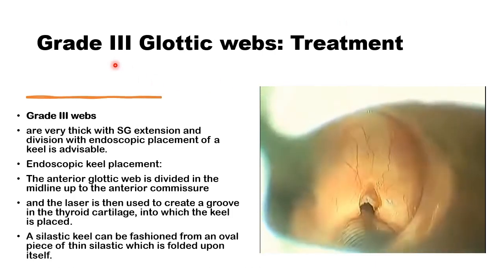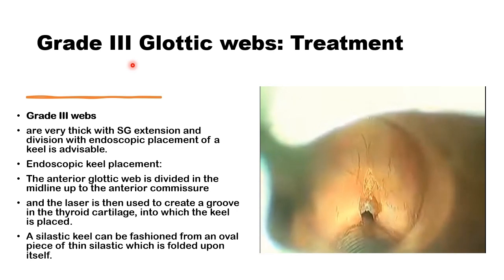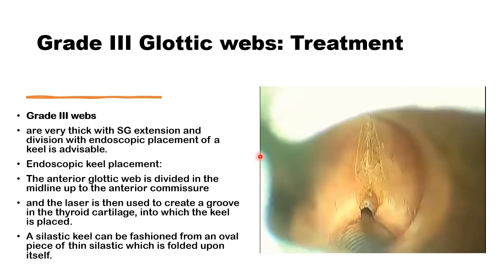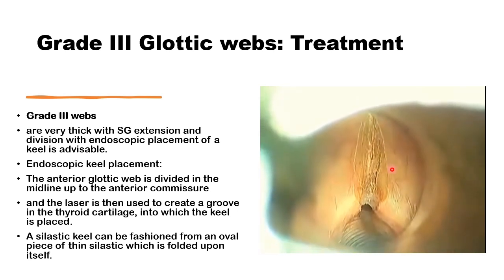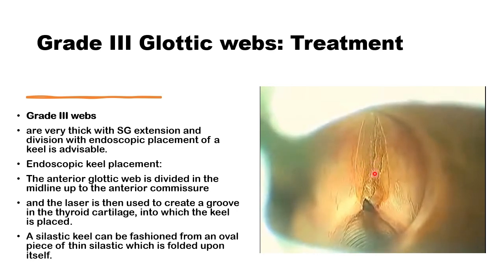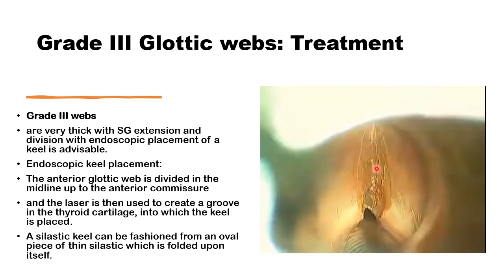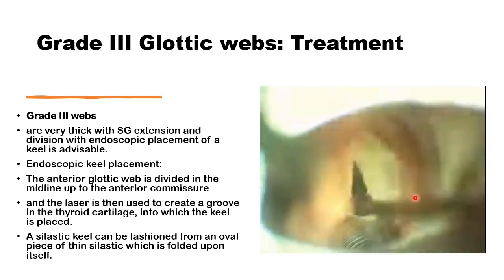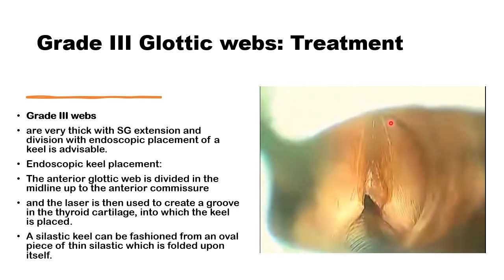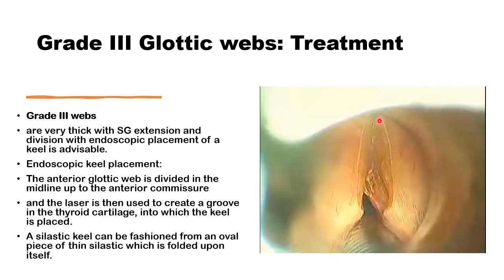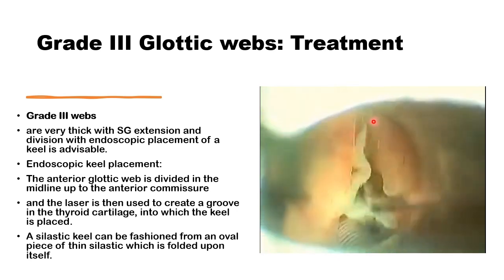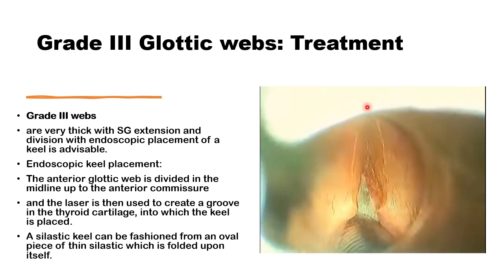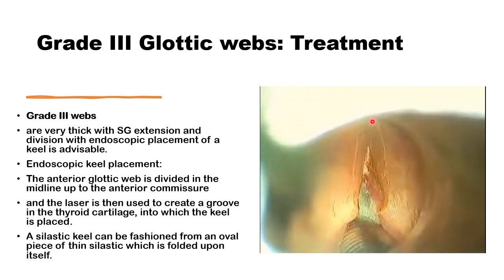In grade 3 glottic webs that are longer and thicker, the laser would be the appropriate choice. The web would be split in the midline with a carbon dioxide laser in a super pulse mode with an incision line of 1 or 2 millimeters, and this would extend through the thickness of the web up to the anterior commissure area, and then the laser would also be used to mark a groove in the inner perichondrium and the thyroid cartilage inner surface.